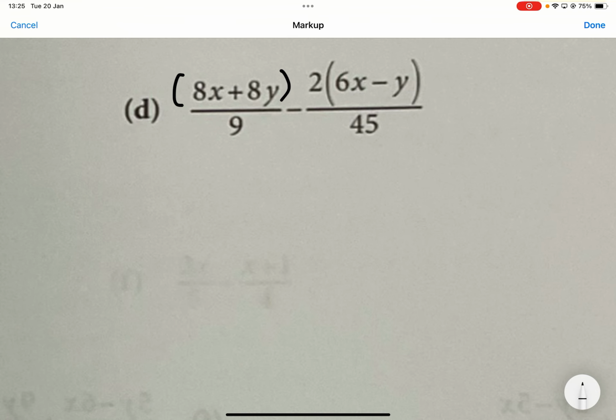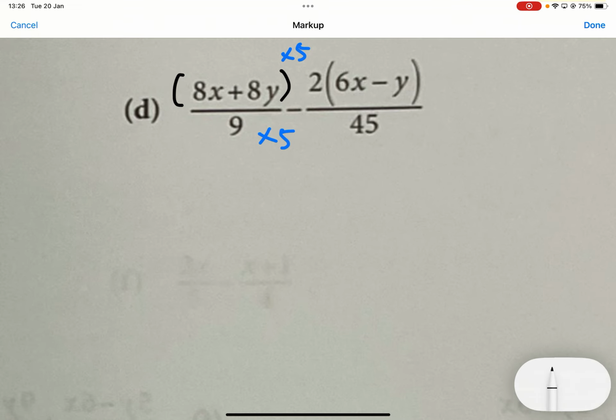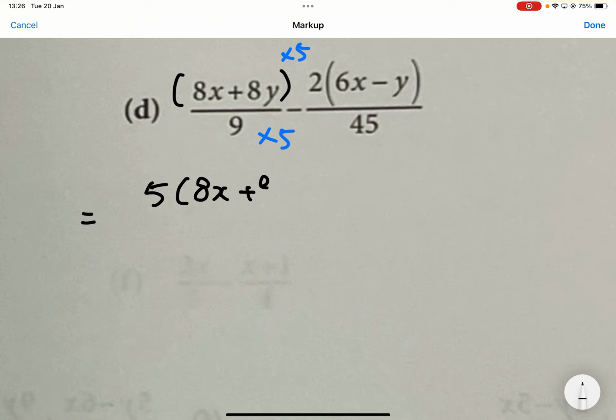Then after that, common denominator. 9 times 4, 9 times 5 will give you 45. So times 5 to the numerator.